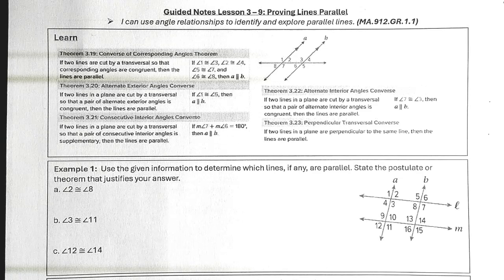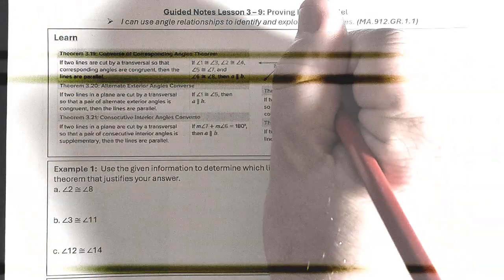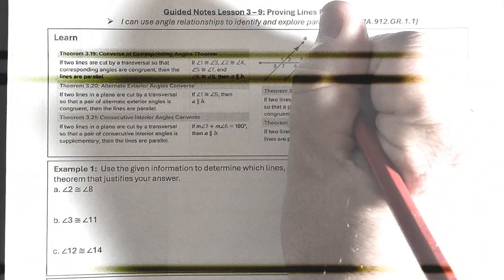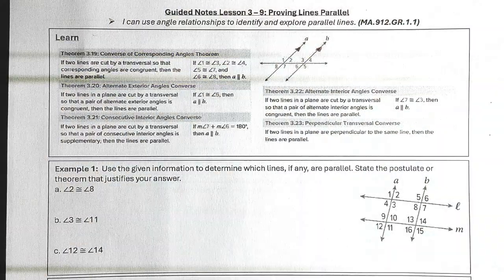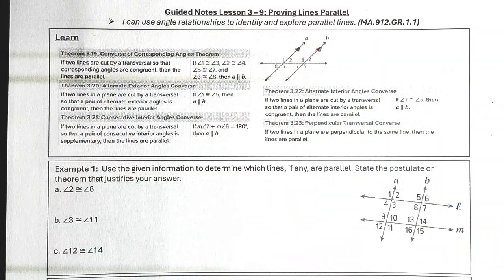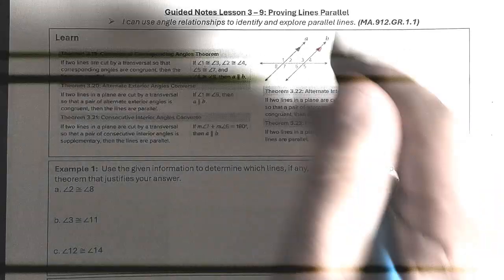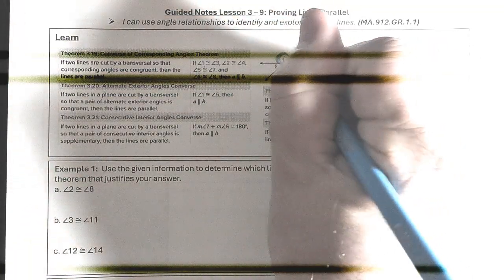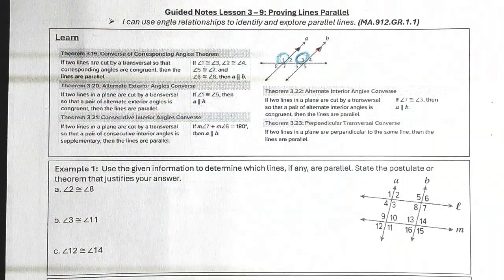Okay, so let's do this. We notice that we have the extra little arrow. That means that these lines are parallel. All right, so corresponding angles. So 1 and 3, both are the top left.